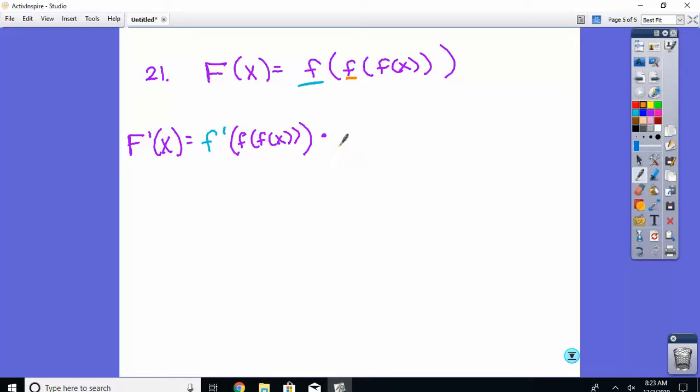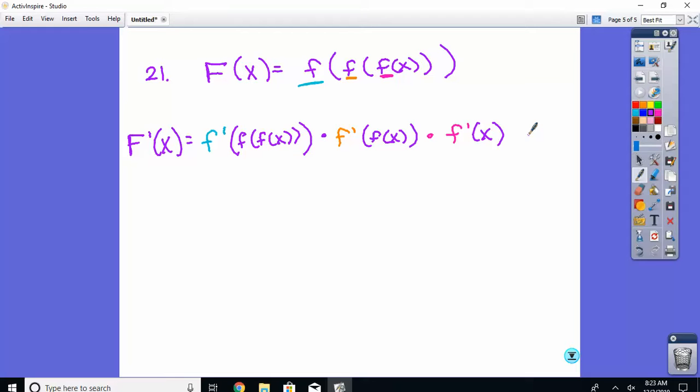So the derivative of that one would be f prime. Its inside stays the same, which was f of x. Working our way in, this one would become f prime. Inside stays the same. Do we have to go another step? We're down to x.